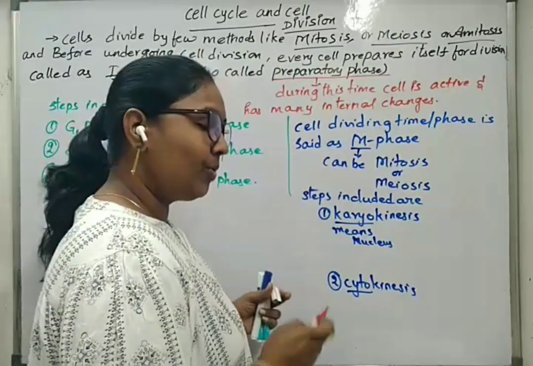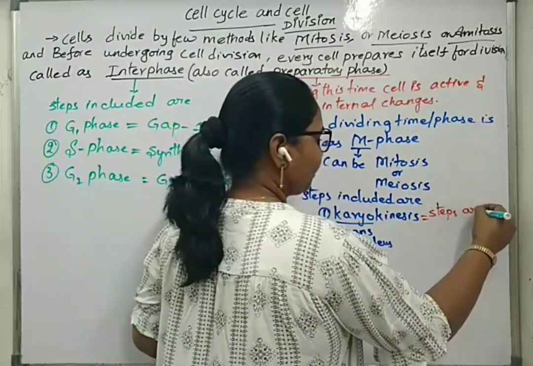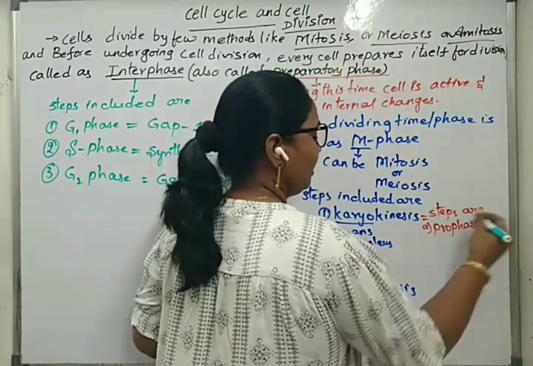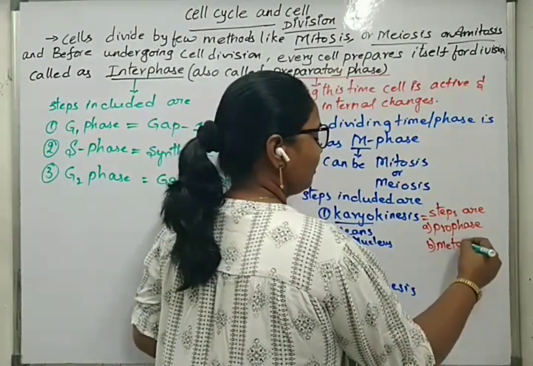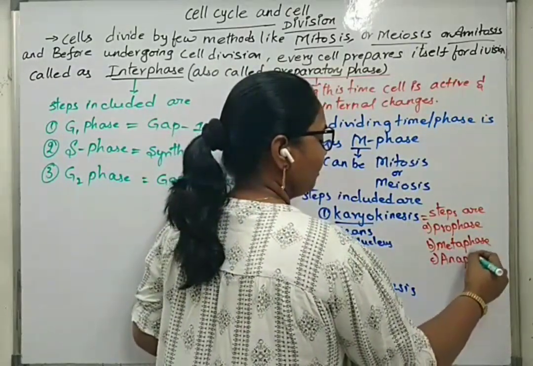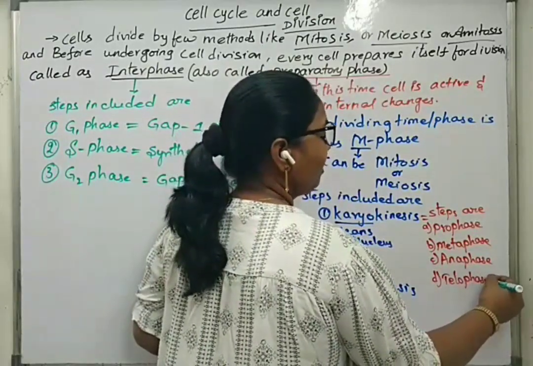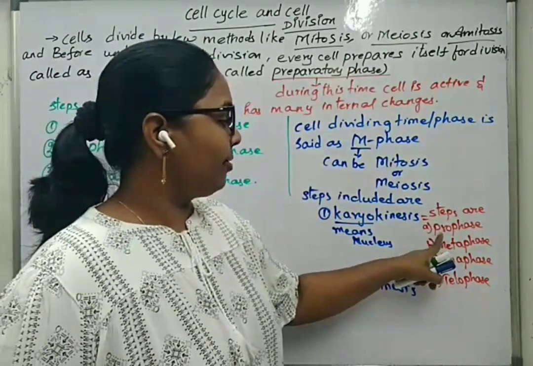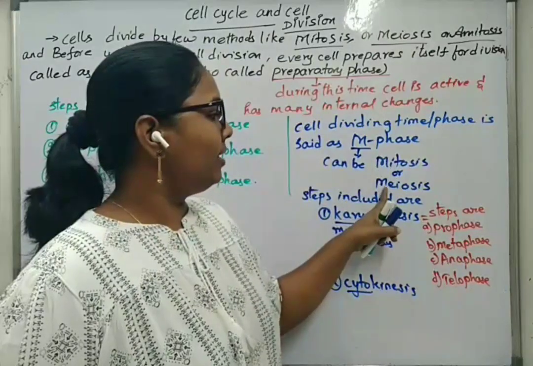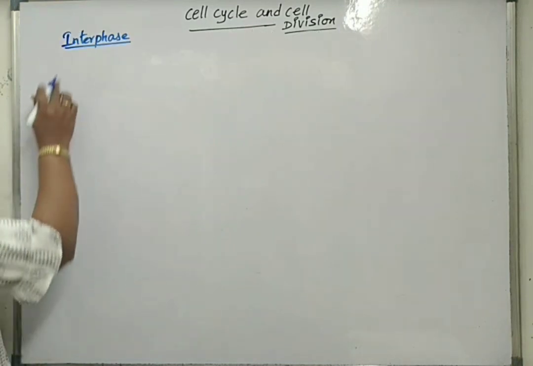Again, during karyokinesis, the steps are: first, prophase, second, metaphase, third, anaphase, fourth, telophase. These four, prophase, metaphase, anaphase, telophase, are included in M phase, both in mitosis and in meiosis also. Now let's start with interphase.